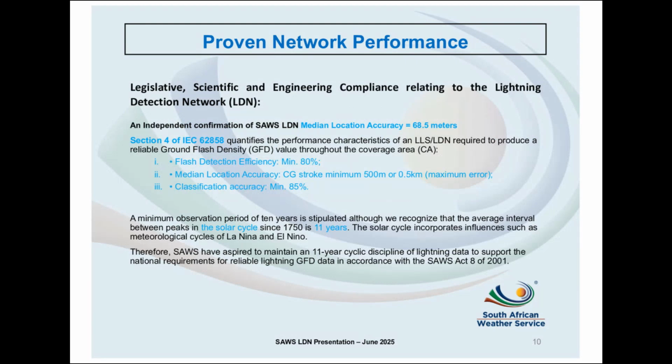Once again, this is in line with the standard, as was explained earlier, and across a period of at least 11 years, which is the solar cycle that we needed to take into cognizance.